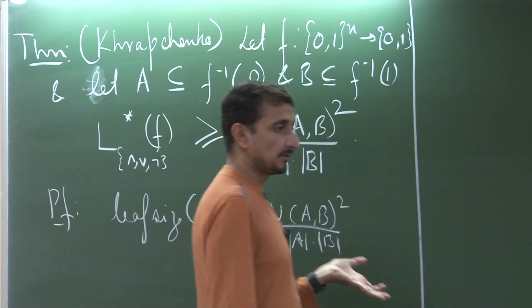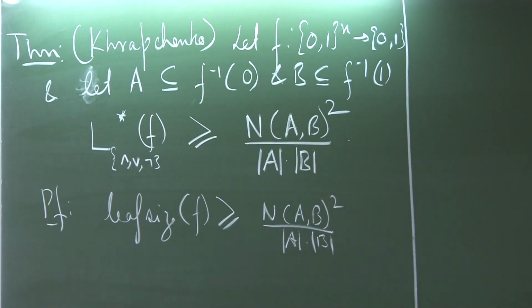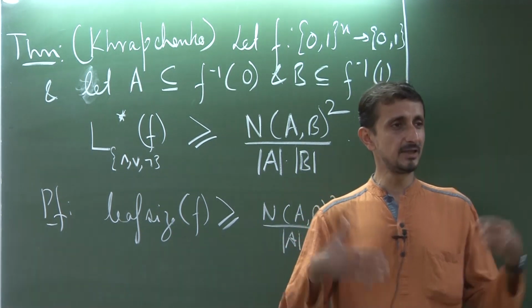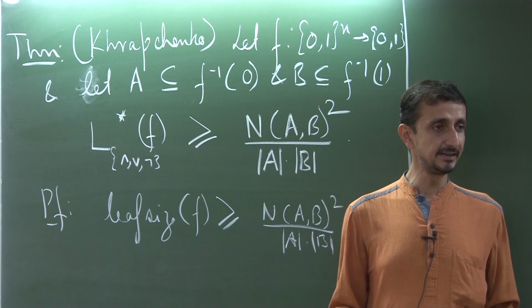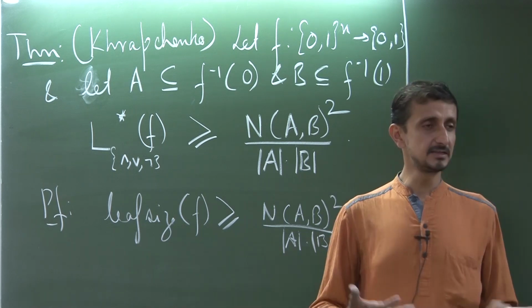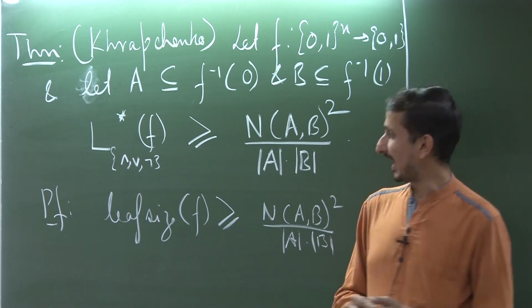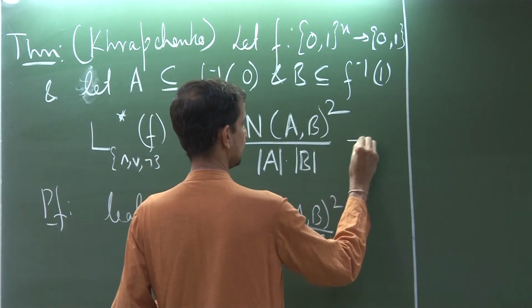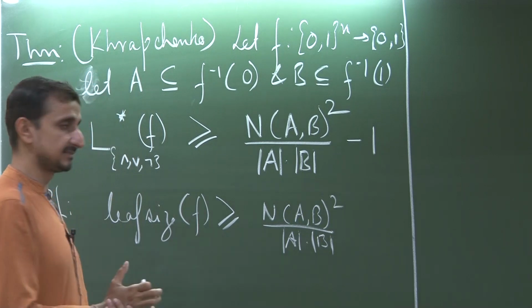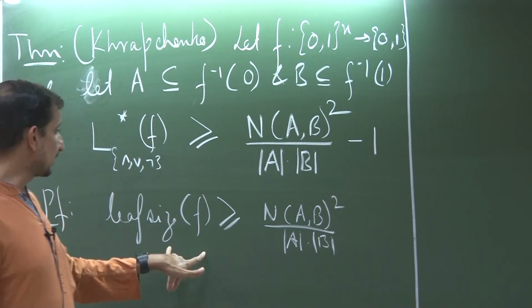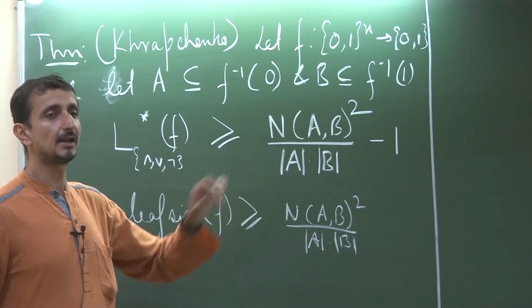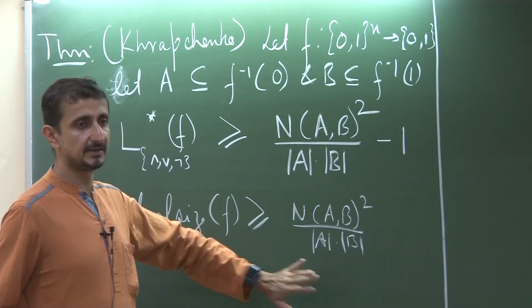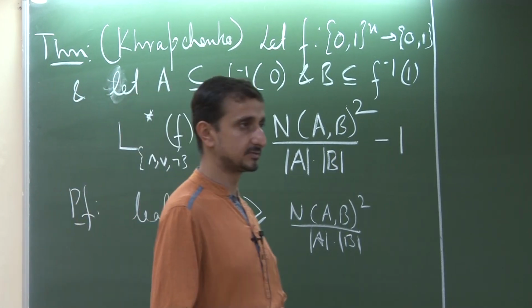Leaf size is the number of leaves in a formula. And why is this sufficient? Because if we have any binary tree, the number of leaves is one more than the number of internal nodes. That is why it is enough to show it for the leaves.